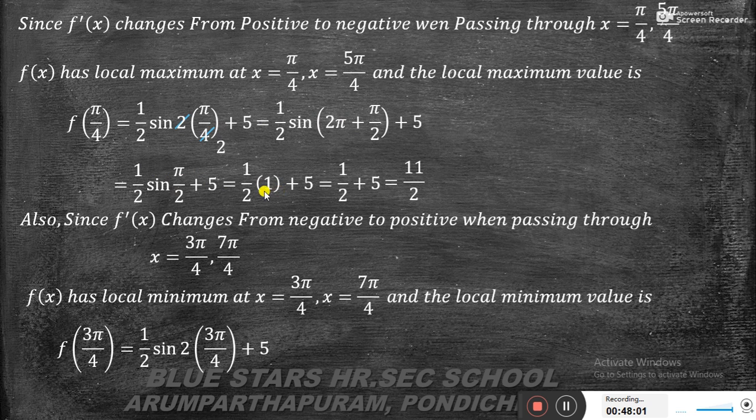Sine pi by 2 is 1, so 1 by 2 plus 5. Taking the LCM, 2 fives are 10, 10 plus 1 is 11, so 11 by 2.